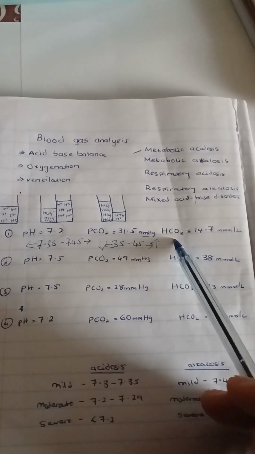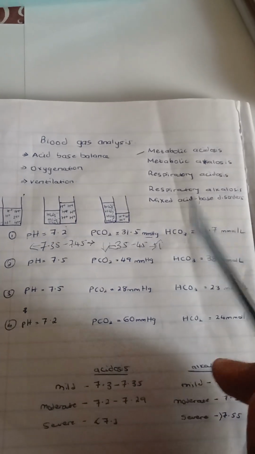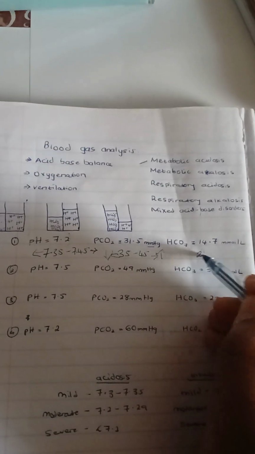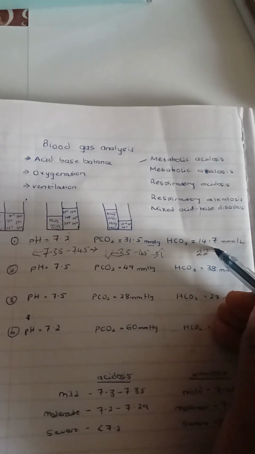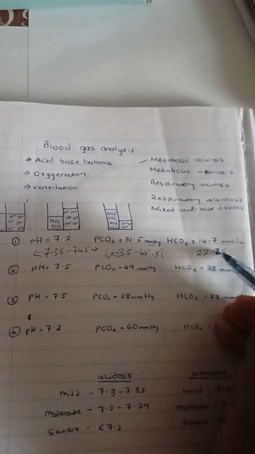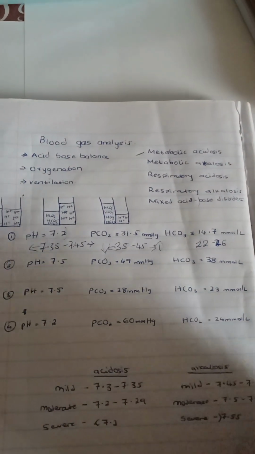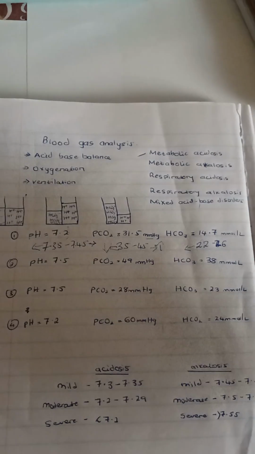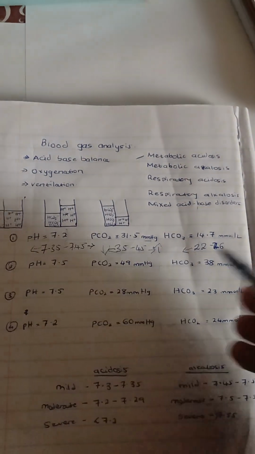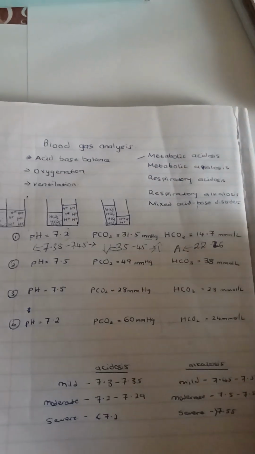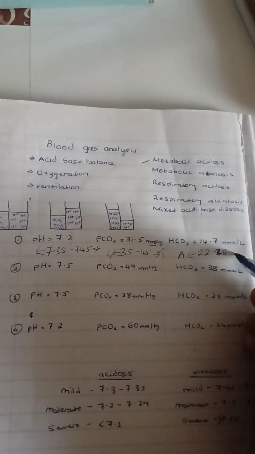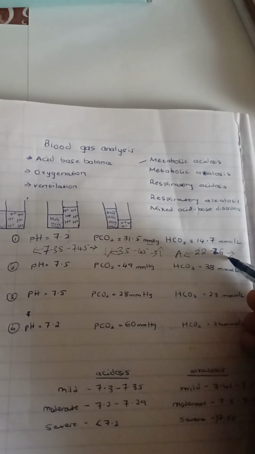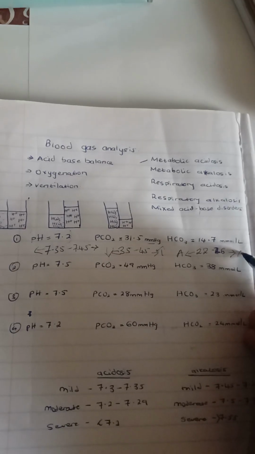Similarly, bicarbonate. Normal reference range is between 22 to 26 millimoles per liter. If bicarbonate is lower than 22, it means you are losing bicarb, you are increasing acid. So that occurs in acidosis. And if you are increasing bicarb to more than 26, you are going towards alkalosis.